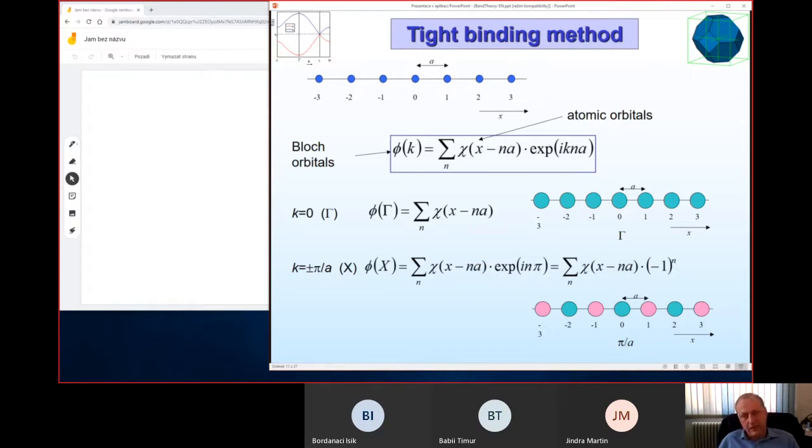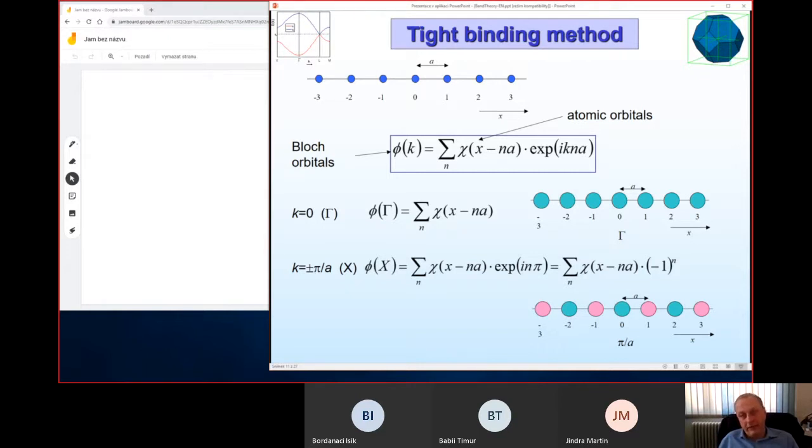And this Bloch function can be constructed in different ways. We can use the plane wave basis, but we can also use this tight binding method, where each Bloch orbital is the equivalent of an atomic orbital in molecules. We know that in molecules the atomic orbitals are used as a basis to construct the single electron wave function, which is called molecular orbital.